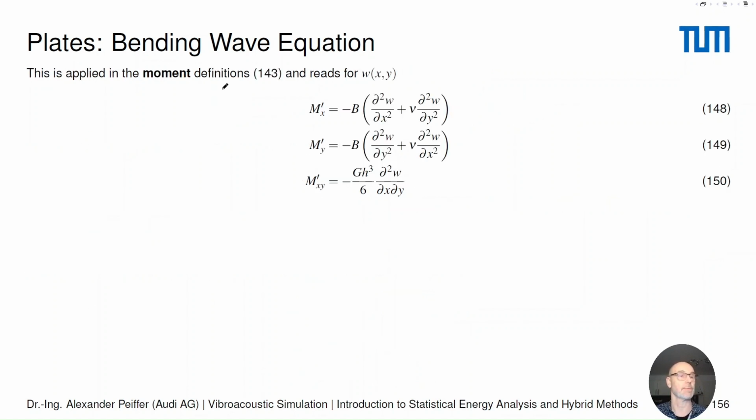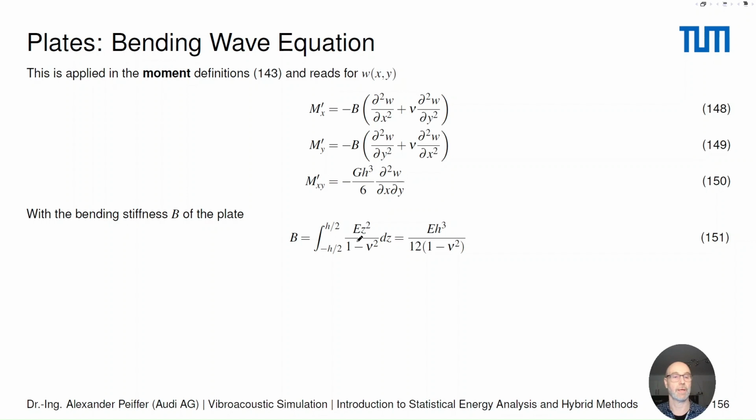So if we apply this in the definitions for moment, I mean that's the integral thing, we get this relationship for the moment from the displacement in the normal direction. Just to understand what is meant by B, this is the symbol that's used for the bending stiffness of the plate. So this is the stiffness that is defining how stiff a plate is for bending.